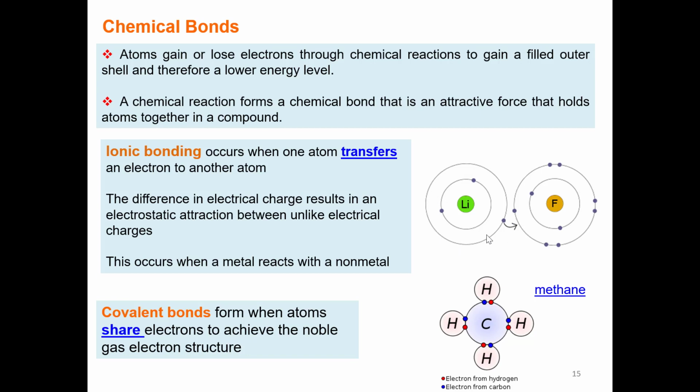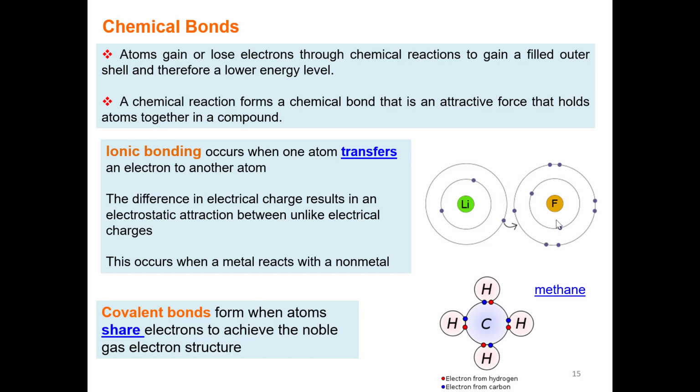Lithium has one electron in the last shell, and fluorine has 7 electrons in the last shell. To be stable, lithium transfers 1 electron to fluorine. Now lithium is stable, like helium, and fluorine gains 1 electron to have 8 electrons in the last shell to be stable.